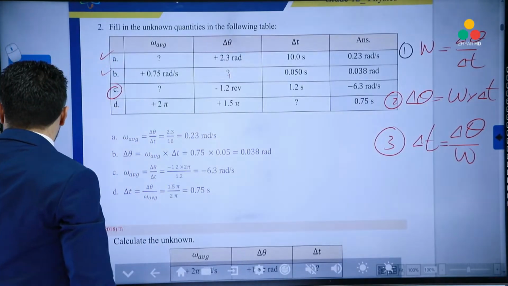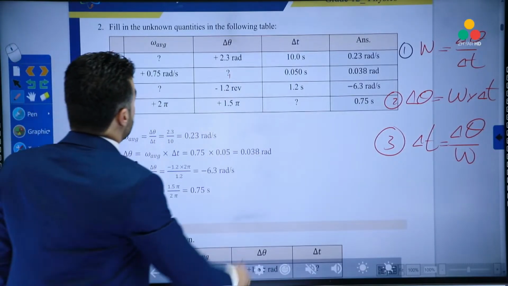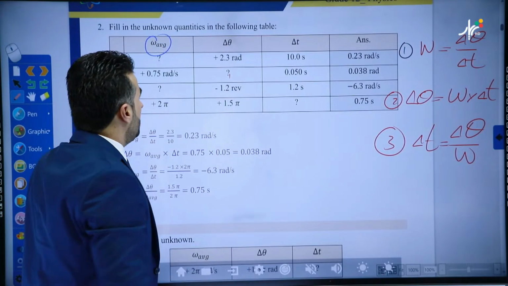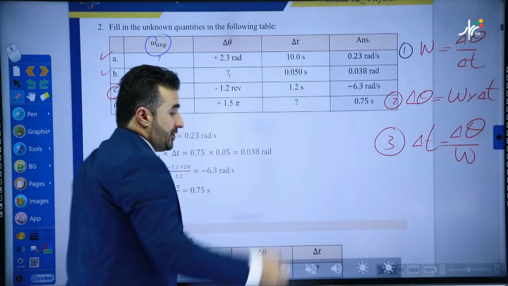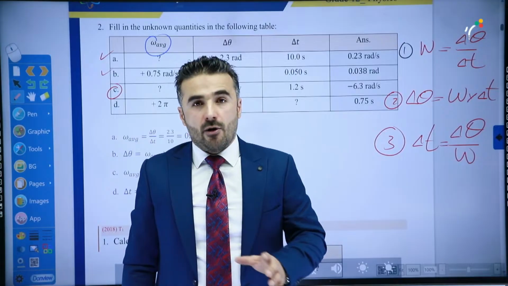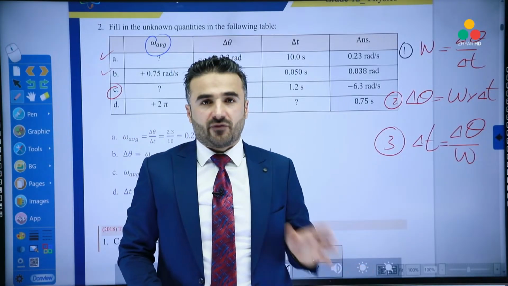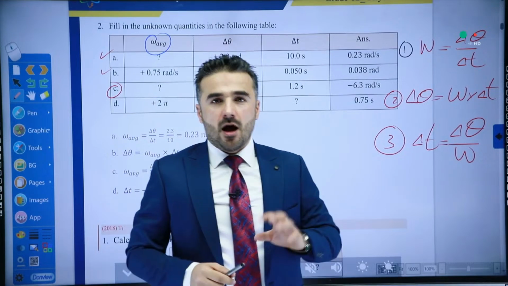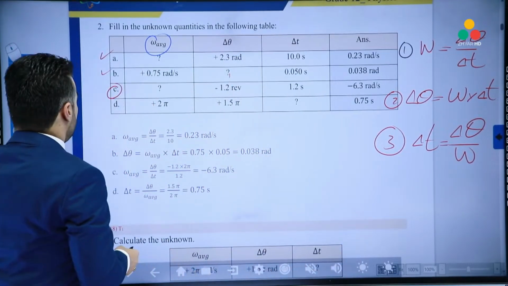So take a look at part C. It says find the angular speed, but theta is given in revolutions. Can we use revolutions in calculations? No. We have to convert revolutions first, and then we can use them to find the angular speed. All right, so let's solve this.